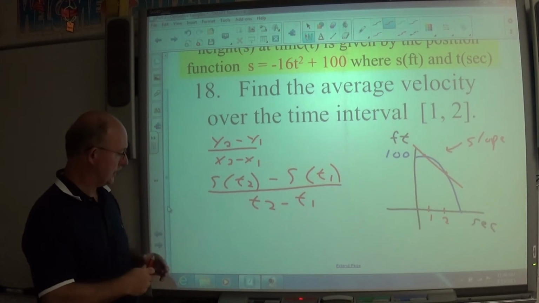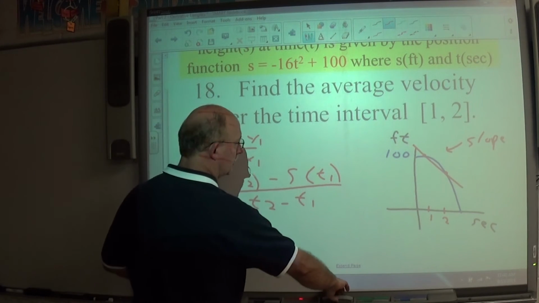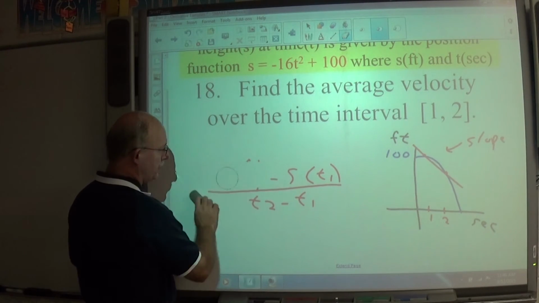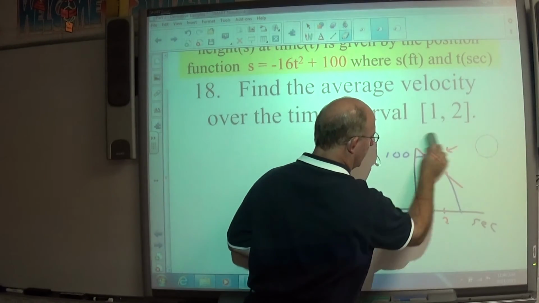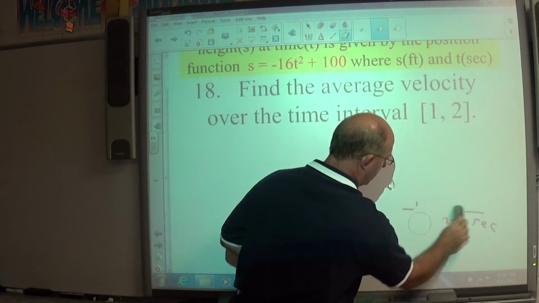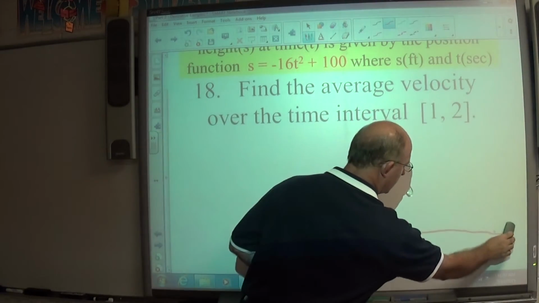So basically, as we set this up, we're going to erase this. We're looking for our slope. I don't think we need the graph anymore either.